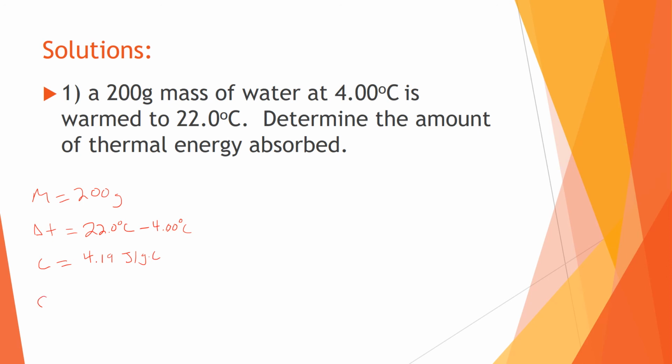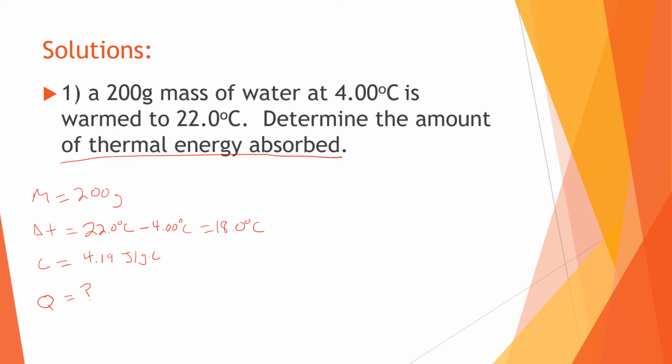And what they're looking for here is Q. Okay, they want to know the amount of thermal energy absorbed. So how much heat, how much energy, that's heat is just energy, how much energy did I have to put into this 200 grams of water to raise it 18 degrees? Okay, 18.0 degrees Celsius.